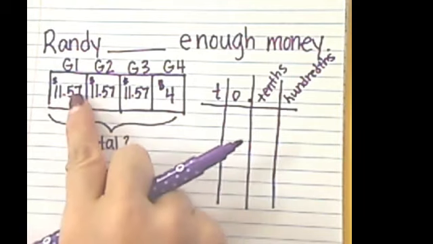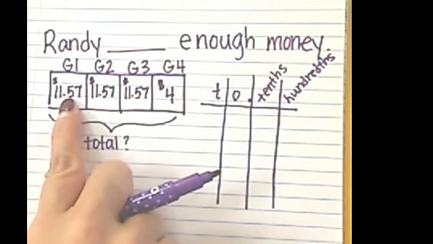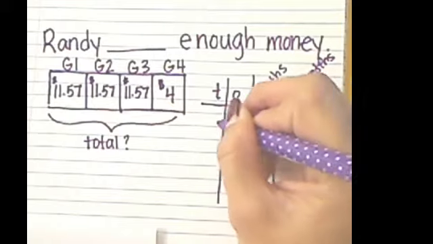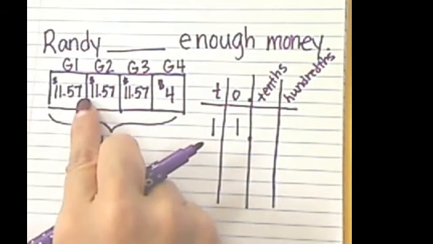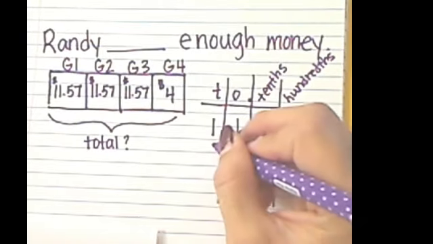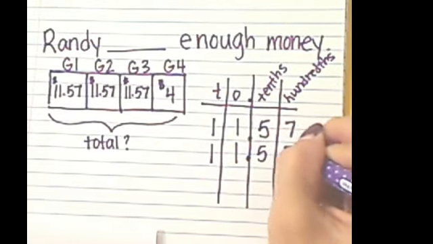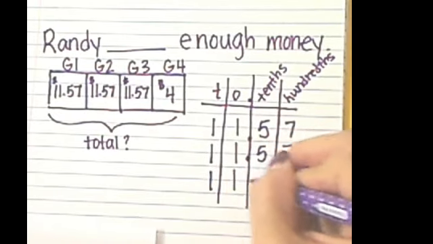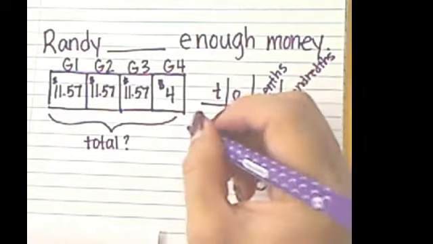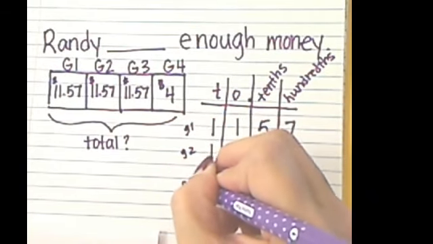So let's fill these in first. Okay, from the decimal, I can fill in there and behind the decimal. So let me do that 3 times because there's 3 games. Okay, so that's game 1, game 2, game 3.